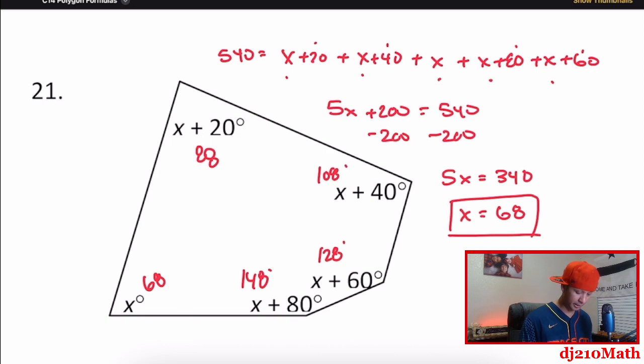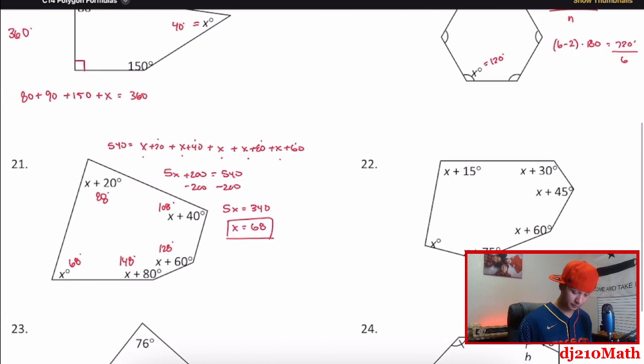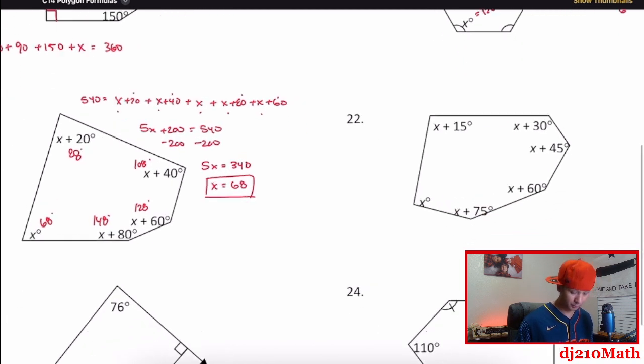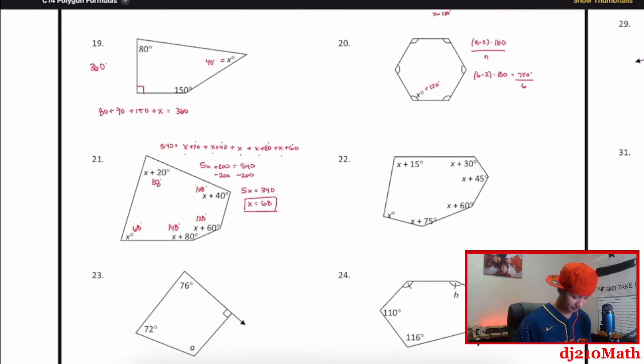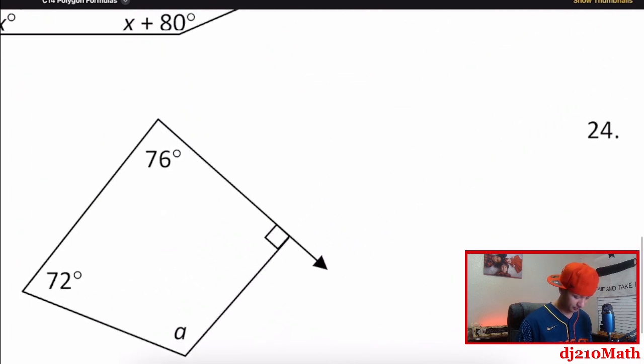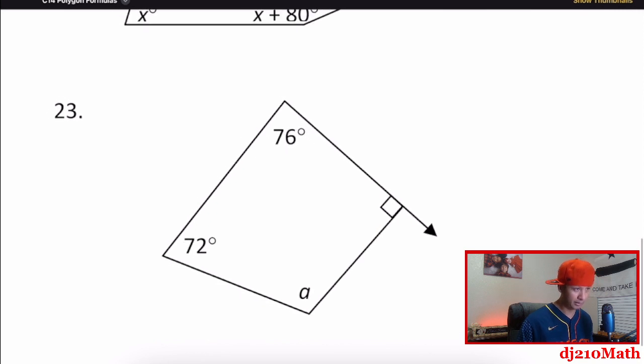And then all these should add up to 540. Okay, 22 is more of the same. I'll let you practice that one. 1, 2, 3, 4, 5, 6. It's a six-sided shape. Another quadrilateral. Adds up to 360.